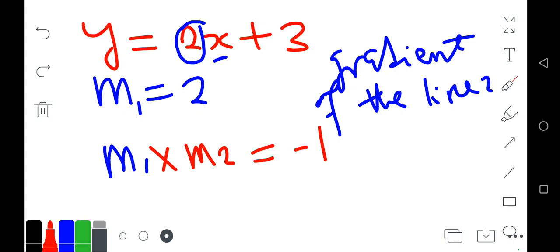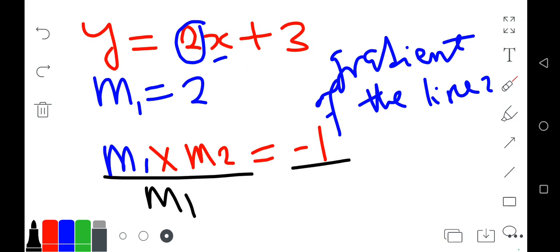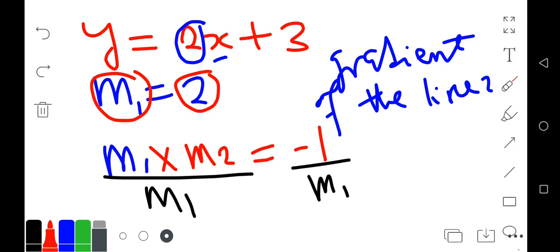So then I can make m2 the subject of the formula. I'm just going to divide both sides by gradient 1. I know that m1 is just 2. So in that case, this m1 goes.